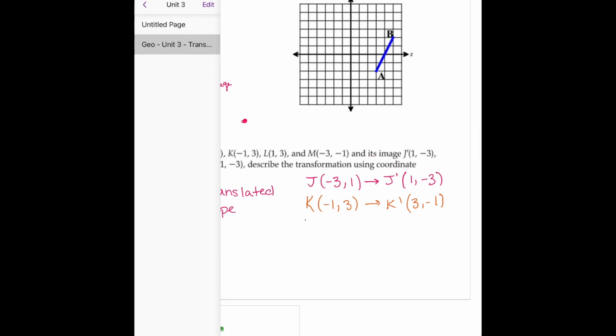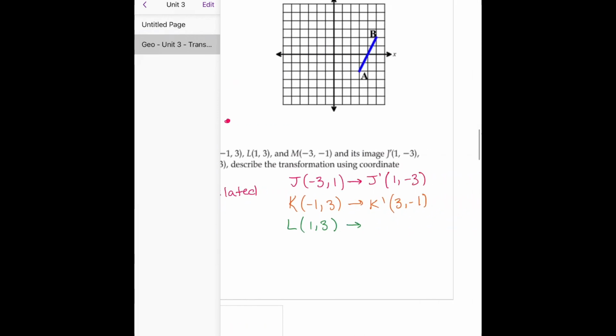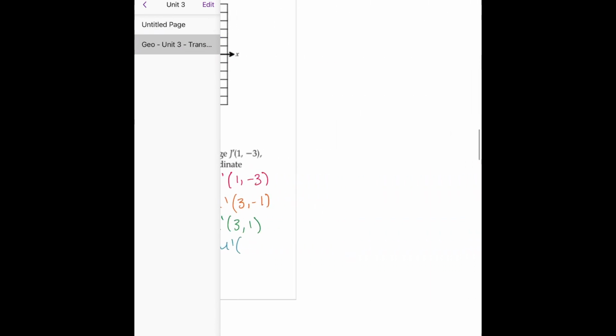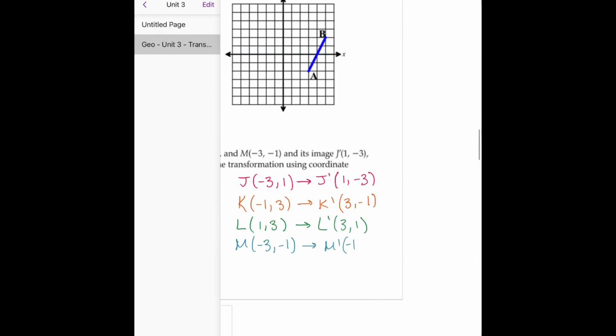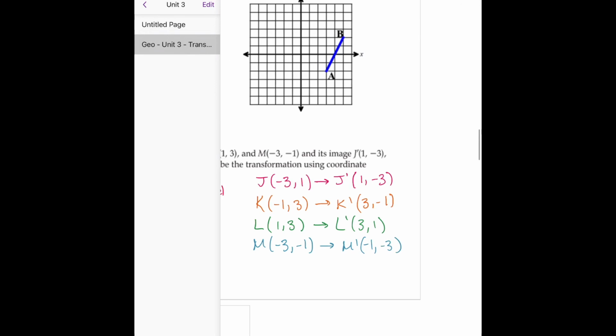Then we had L. L was at 1, 3. I'm just rewriting this in a way that we can see the relationships between each one more easily. And last was M. M was at -3, -1, and changed to M prime, which was at -1, -3. So some of you might already see the pattern.